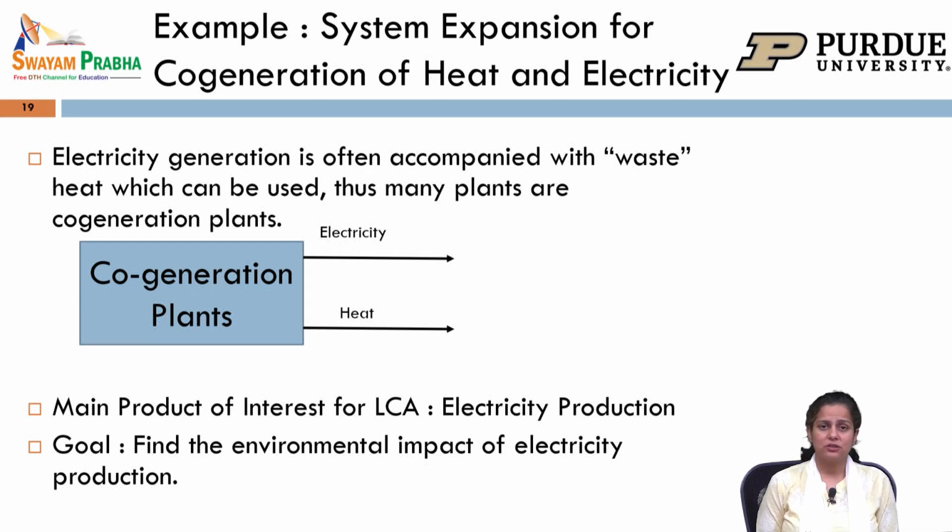This is a case of joint production because we cannot avoid the heat production while we are making electricity. We cannot separate the two productions, hence it is joint production, which means that we also have to think about which is the determining product and which is the non-determining product for this process, and we will be avoiding allocation using system expansion.